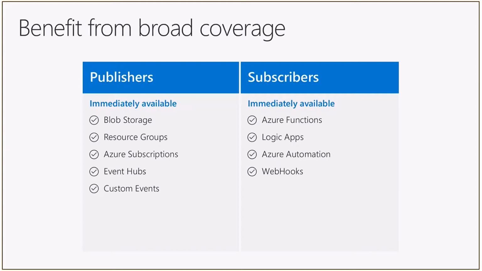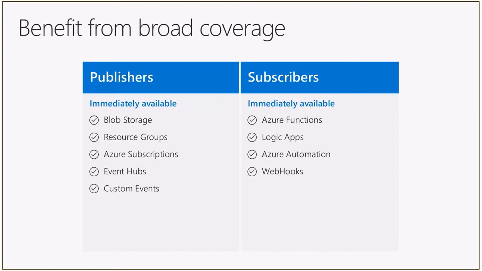Resource groups and Azure subscriptions, of course, being management events happening in the context of either of those. Event hubs, you can listen to capture events and custom events. You create a custom topic, as we've talked about, and you can send events from any application that you build to Event Grid and use its filtering, routing, and reliable delivery.